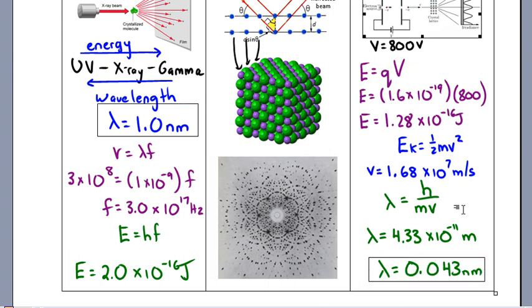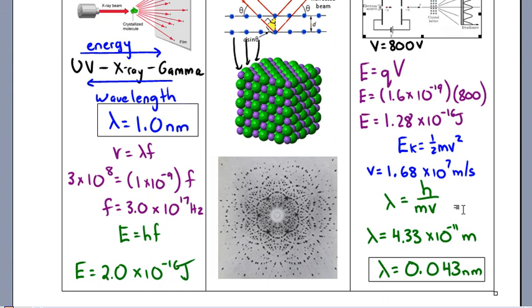Well, I want to leave it as nanometers just so that you can compare over to when we were talking about X-rays. X-rays might have a wavelength of around a nanometer. But if you want to be working with some sort of crystal structure and you're going to be bouncing waves off of it, and you want to look for the diffraction patterns, if you desire to have a smaller wavelength, then one option would be to fire electrons at it with that speed.